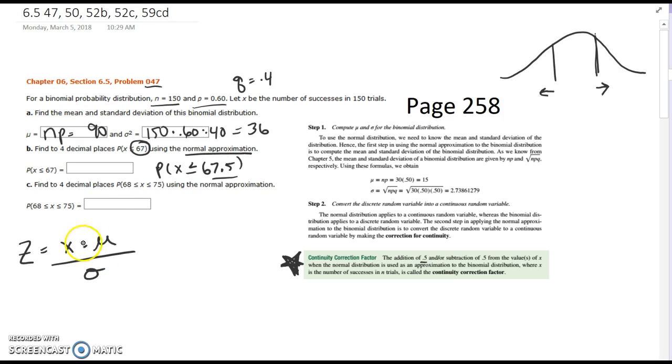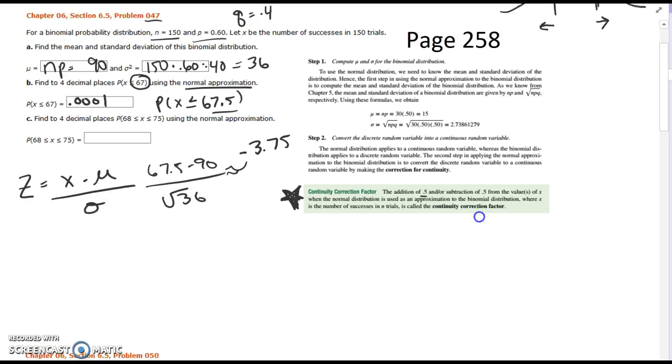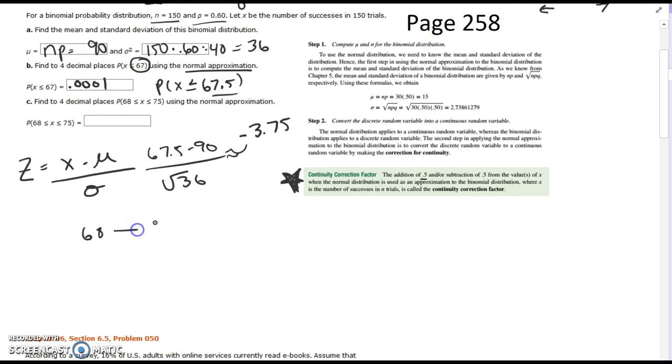In this case, if we plug in 67.5 minus 90 over the square root of 36, we get approximately minus 3.75. That is not on the normal distribution table, so it's going to be the smallest amount we can calculate, 0.0001, to four decimal places.